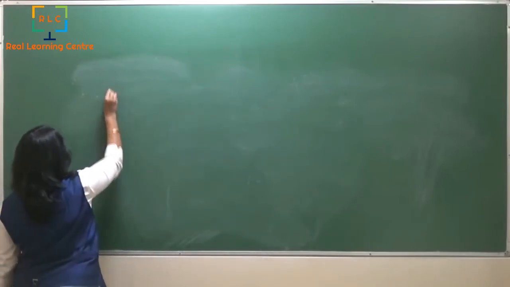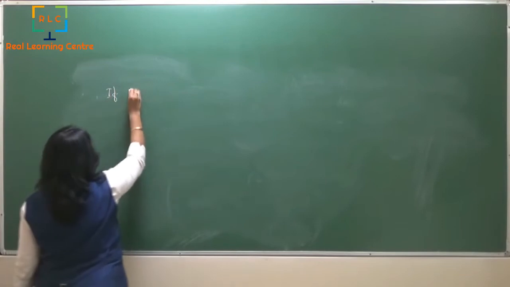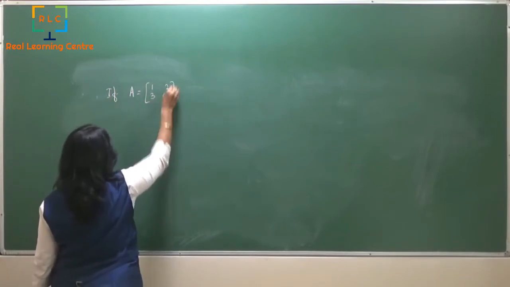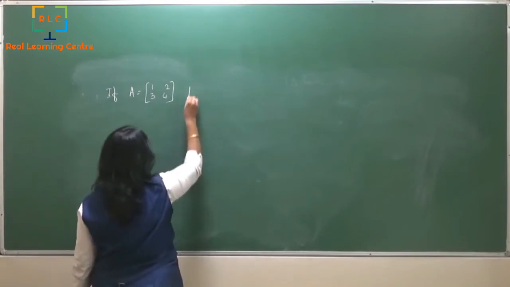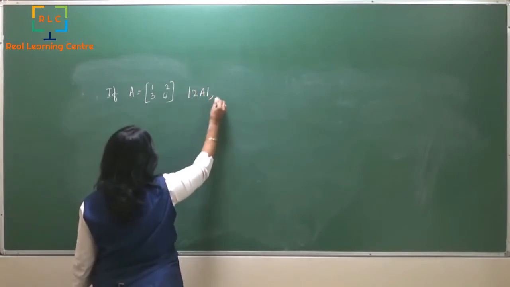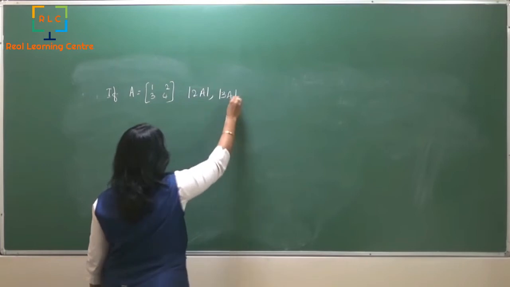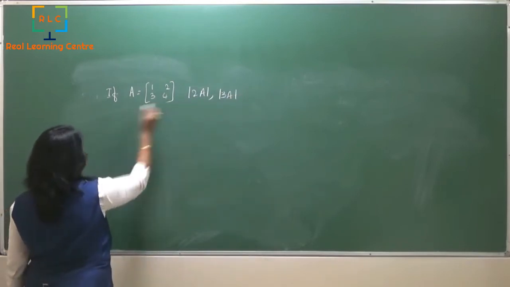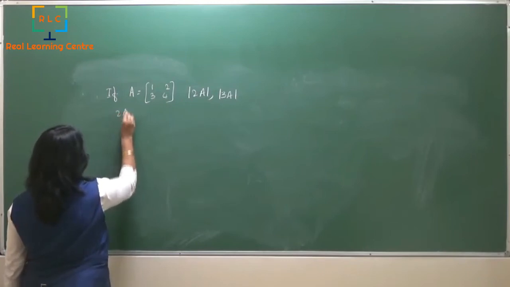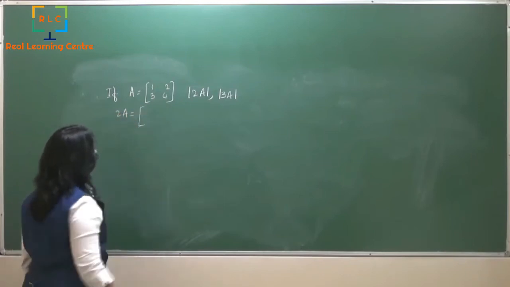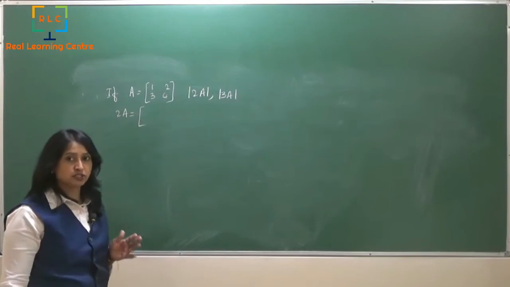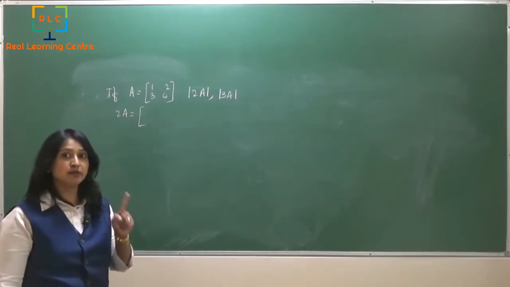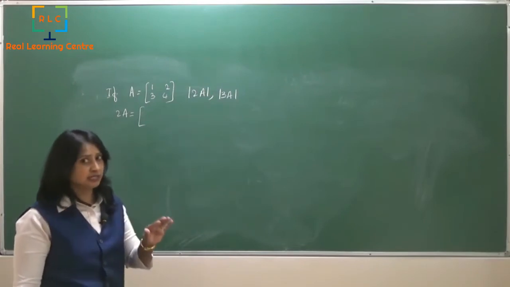See now, for example, if A is equal to 1, 2, 3, 4, I want you to find the determinant of 2 times A, determinant of 3 times A. So, I shall first take 2A. 2 times A means it is scalar multiplication of a matrix by an element, which means that every element of the matrix should be multiplied by that number.